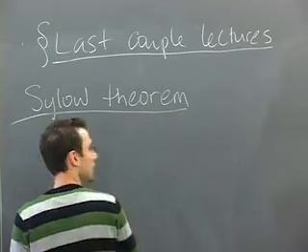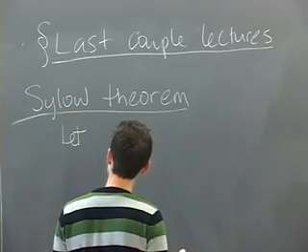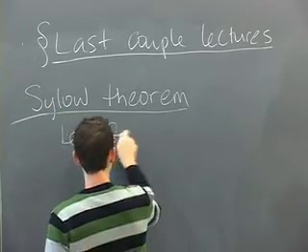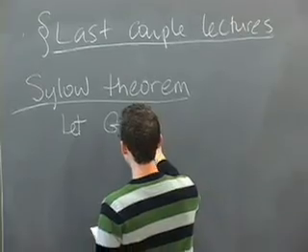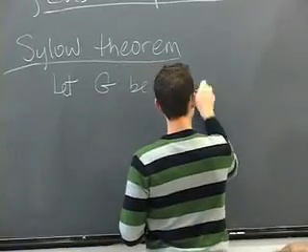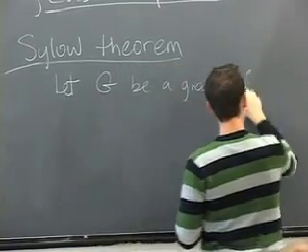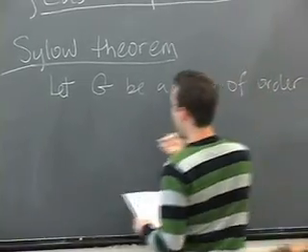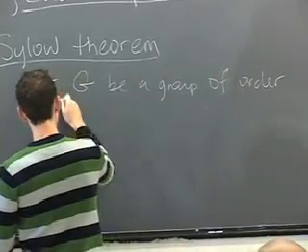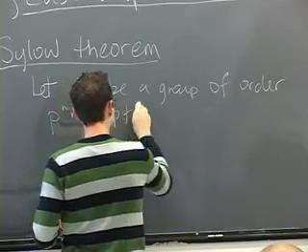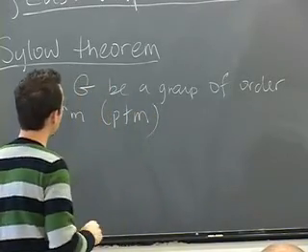So, the main hypothesis for the Sylow theorem, as we've learned it, is that we have a group, and we write its order as some p^n m, where p doesn't divide m.